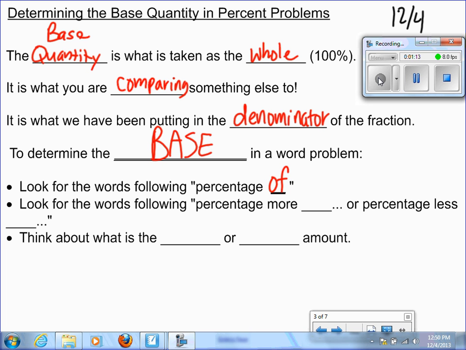Also, word problems are going to start saying things like percentage more than and percentage less than.